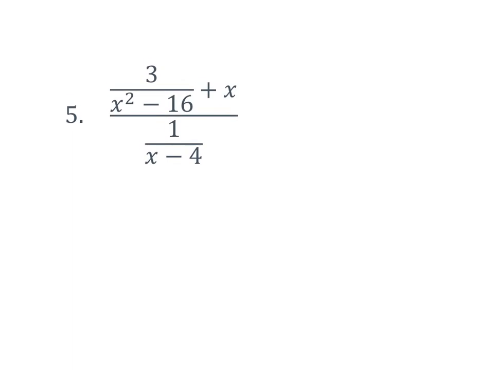All right, so again, I am going to simplify my numerator by finding a common denominator. The denominator here of the complex fraction doesn't need to be simplified. I'm just going to flip it to the reciprocal. So the only thing I need to work on right now is the numerator.